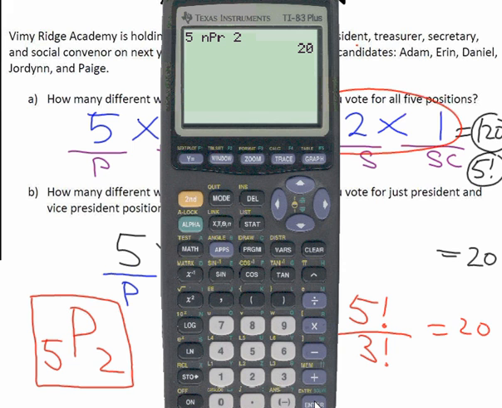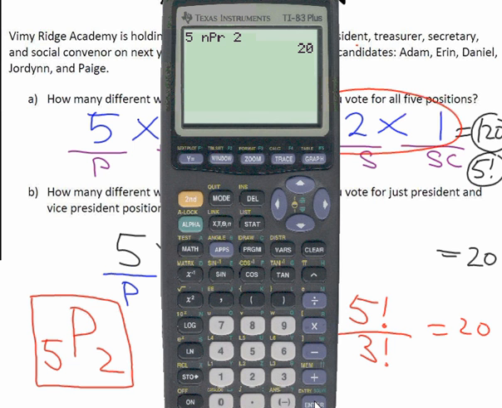If you had 5 pens and you're going to pick 2 of them, 2 out of the 5, and then arrange these 2, there would be exactly 20 ways to do it.